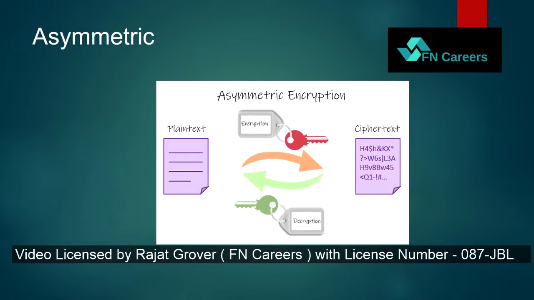Those keys are simply large numbers that have been paired together but are definitely not identical. This is where the asymmetric part comes from, of course. One key in the pair can be shared with everyone. It is called the public key.